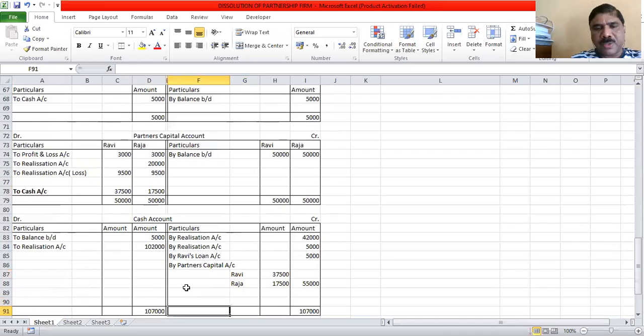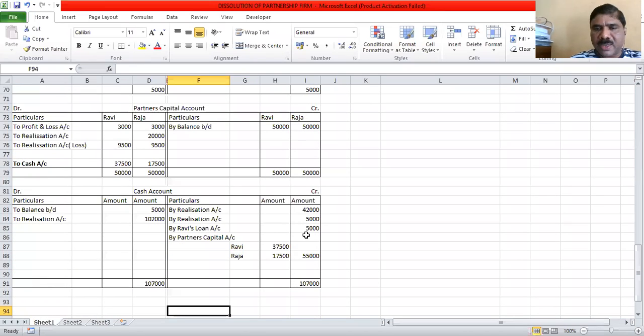That will be transferred to the cash account credit side, and the balance will tally. The cash or bank is tallied, meaning whatever cash is received is distributed among the outsiders and the partners. All the cash is closed and the firm is dissolved.